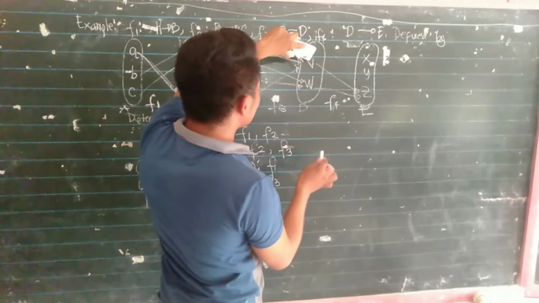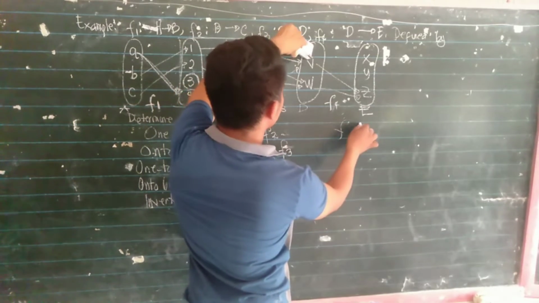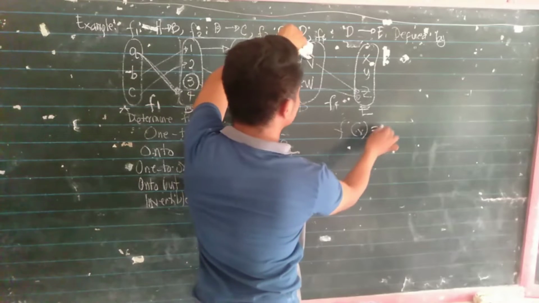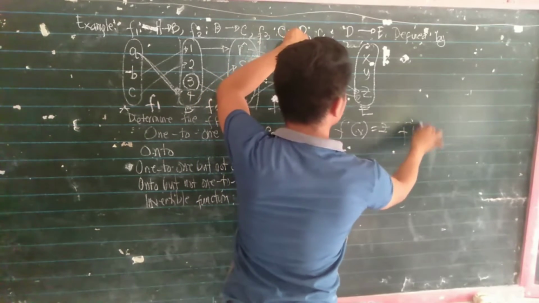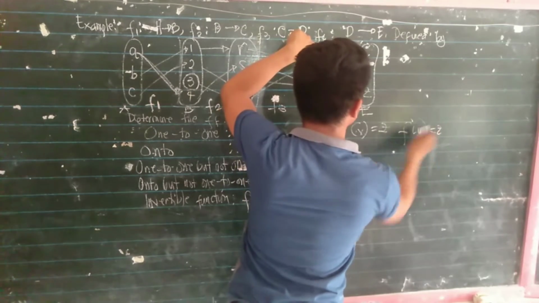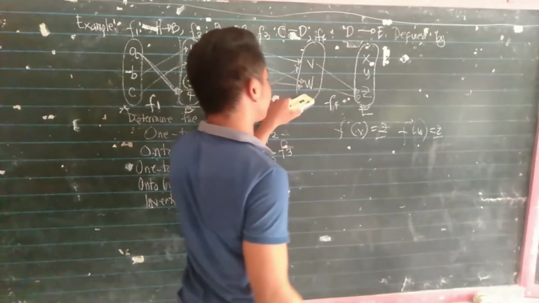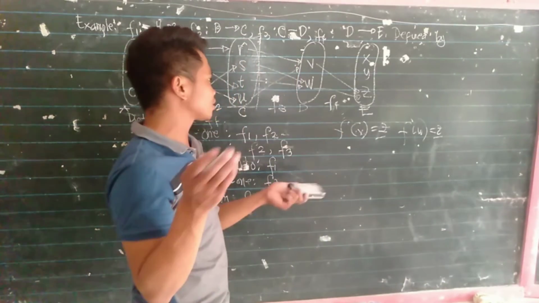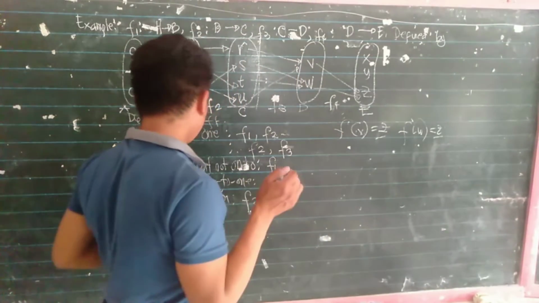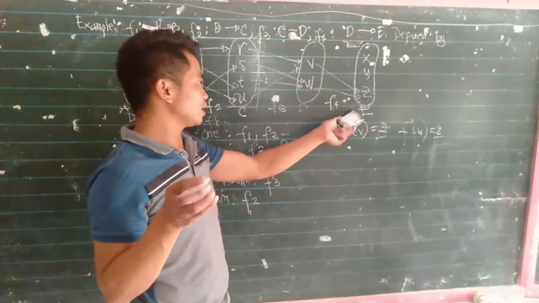Note that f of V is equal to Z and f of W is equal to Z. They are equal, so therefore it's not a one-to-one function nor an onto function.